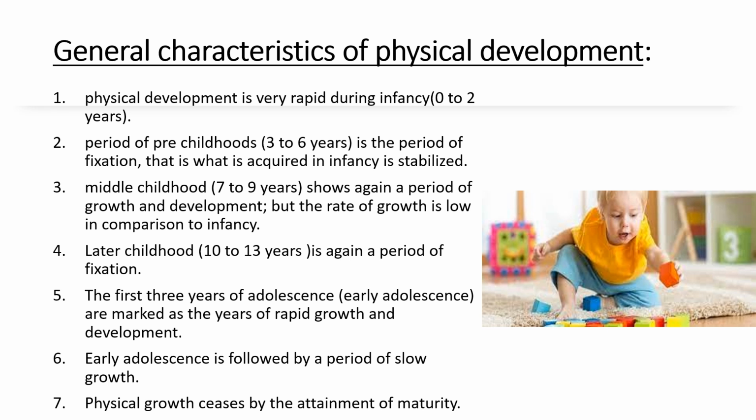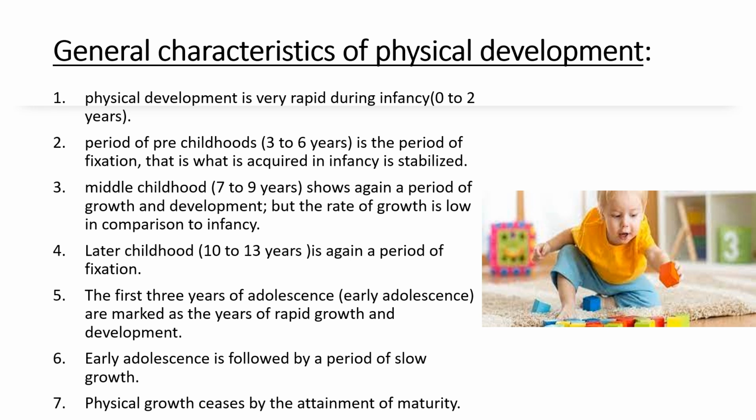The physical development is much faster in that time, and when the child reaches 3 to 6 years, that is the period of fixation. What we get in our infancy period, between 0 to 2 years, is getting stabilized.